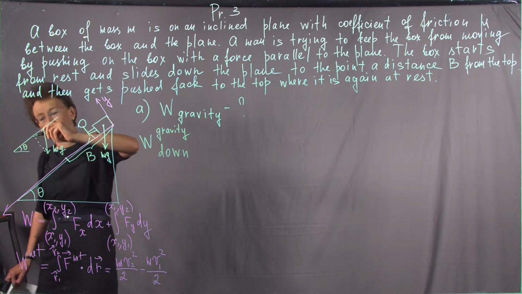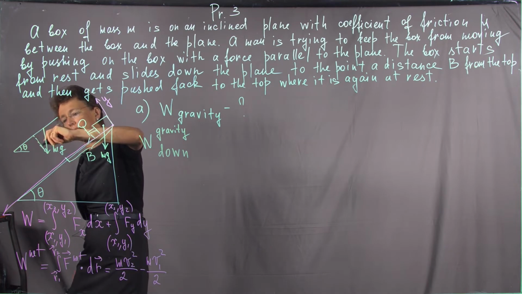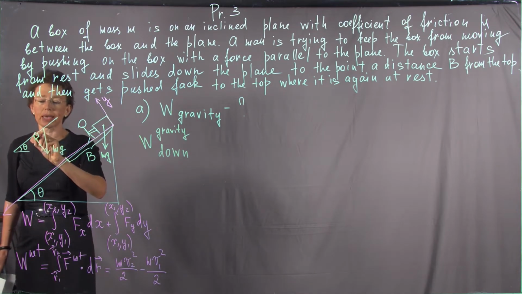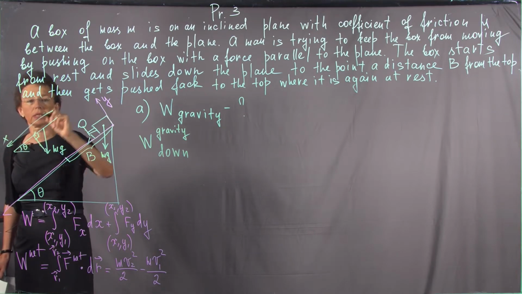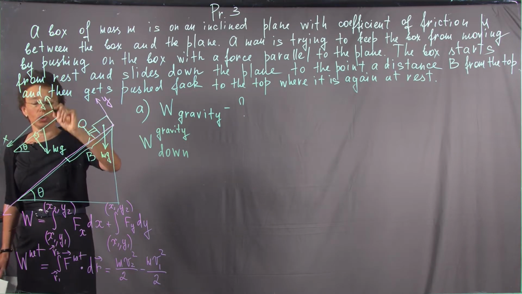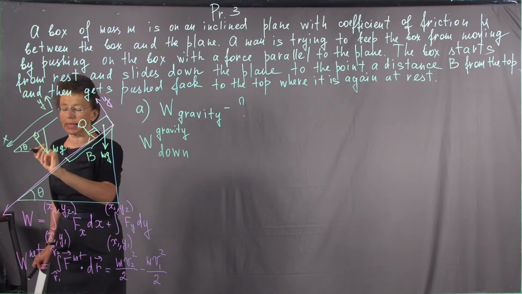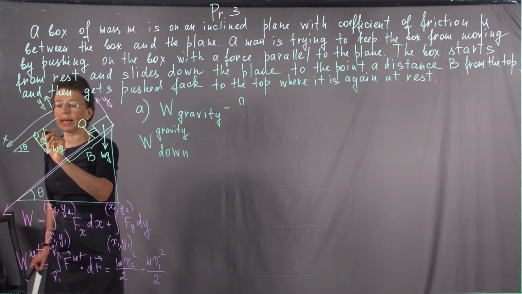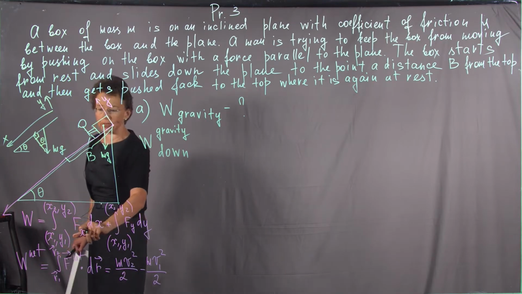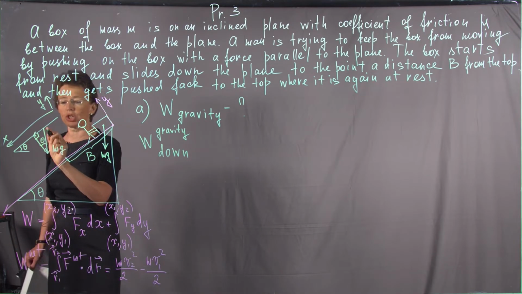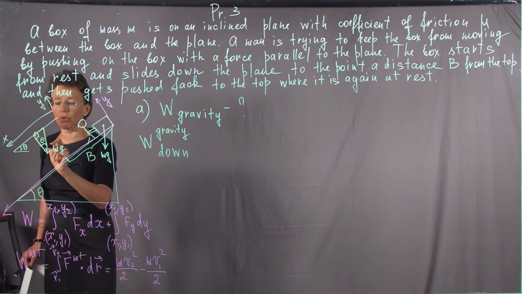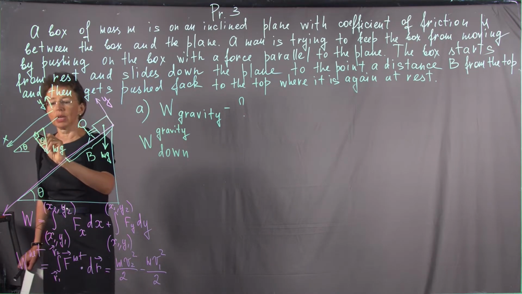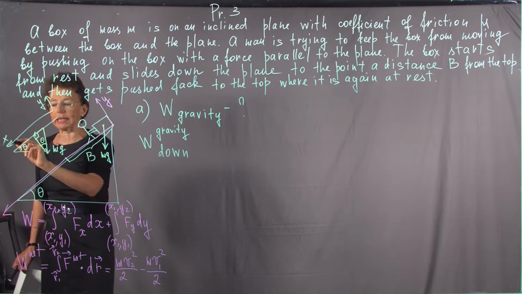This is line perpendicular to the inclined plane. This is 90 degrees. This is my x projection. This is x, this is y. So we understand that this angle is theta, this angle is theta, and x component of gravity, F sub x, will be mg sine of opposite angle. And since my x is down, x component of gravity will be positive.